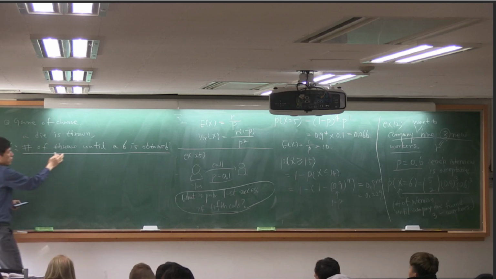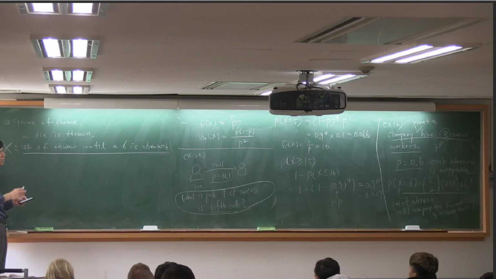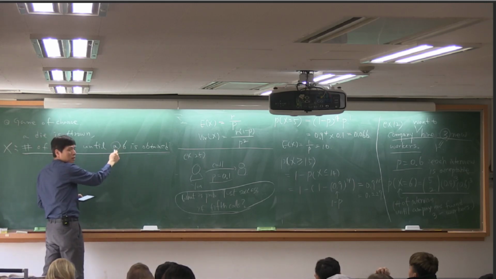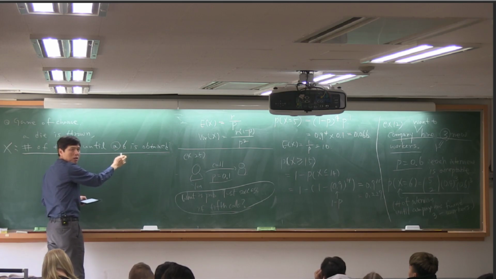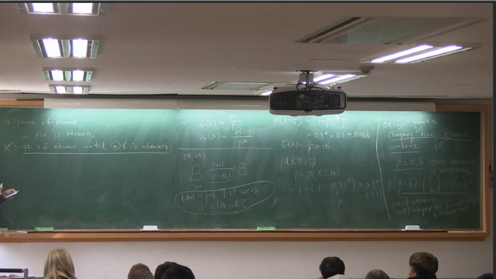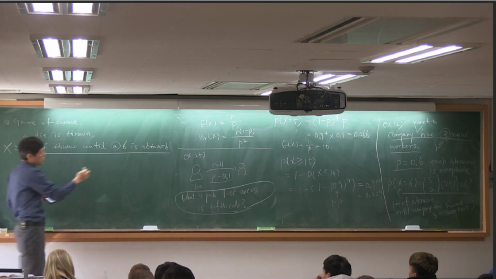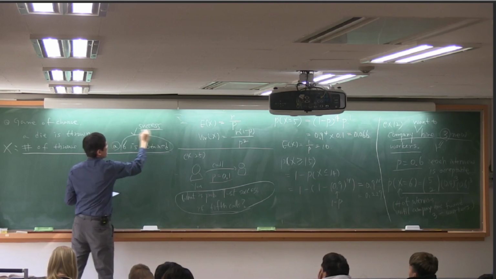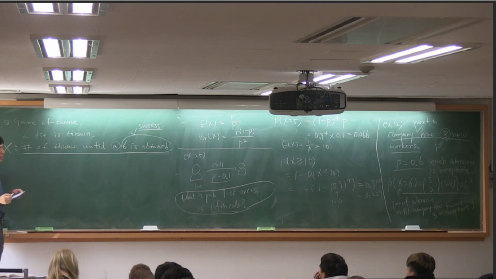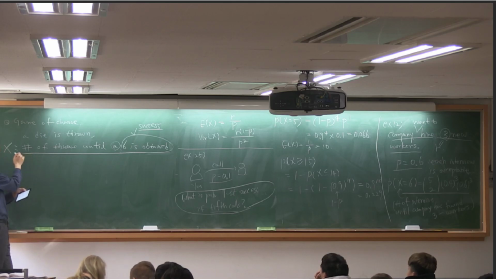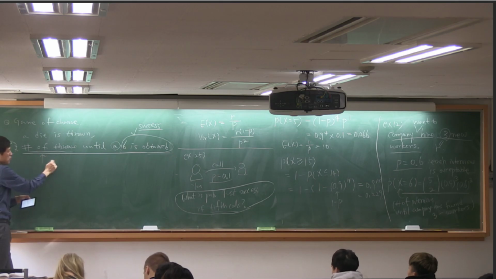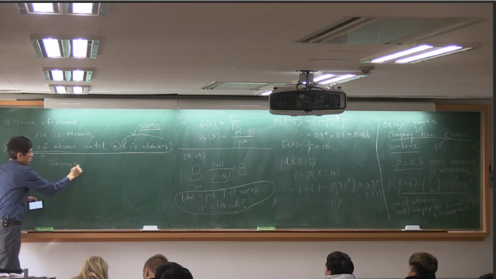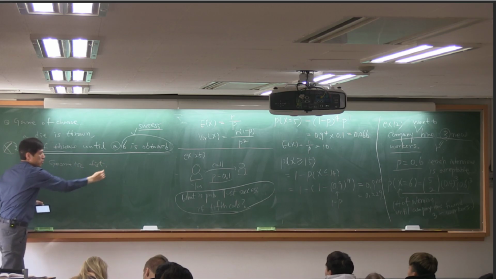The 6 means the first success. 6 is obtained, this is a success. The number of throws until the first success happens. That means this is very simply a geometric distribution.